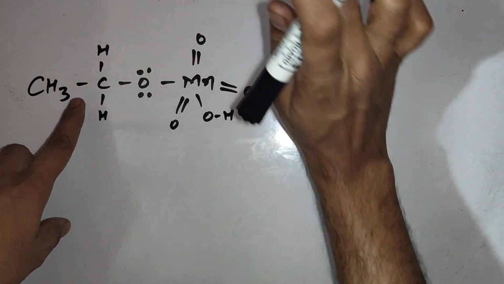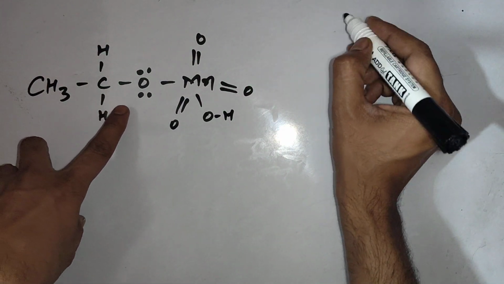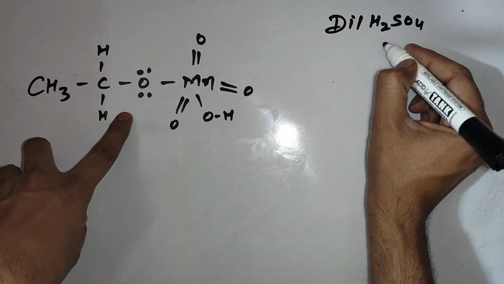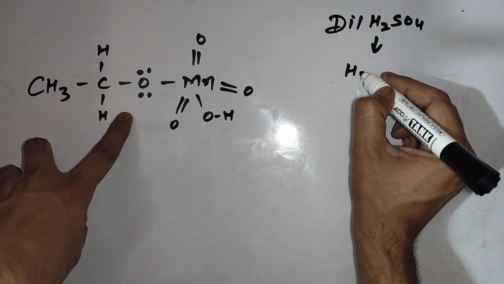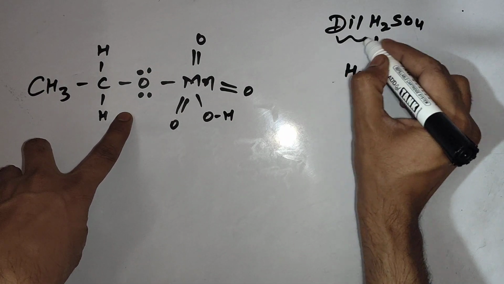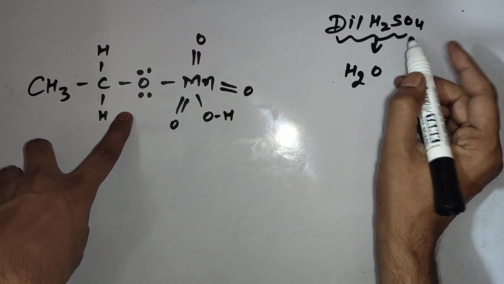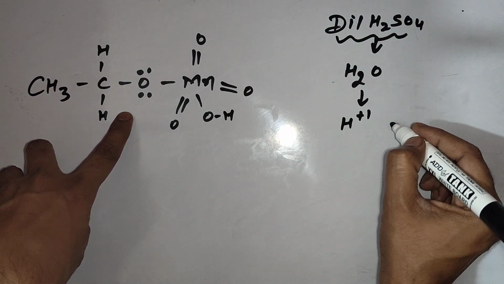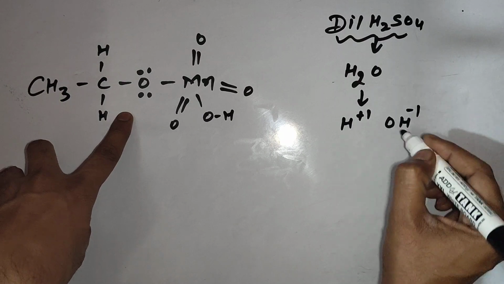Now, as you know, that reaction is happening in dilute H2SO4, and in dilute H2SO4 water molecules are available, because dilute H2SO4 means a lot of water, less acid. That water always breaks into two parts, H positive and OH negative.